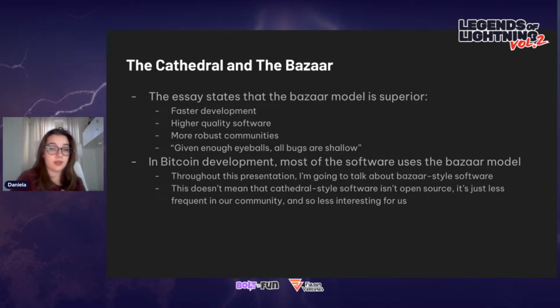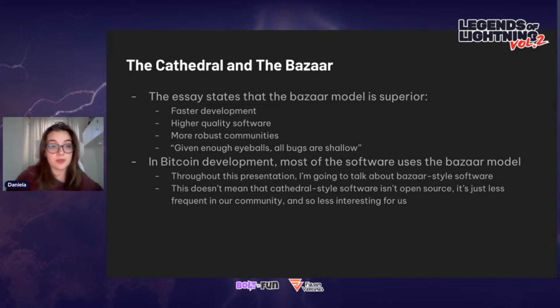And also, the bazaar model creates really robust communities in the sense that instead of having a community of users that just use the code, the users can become devs and help the software to grow, and that's really, really cool.